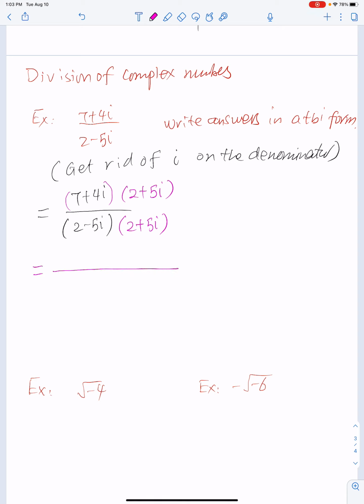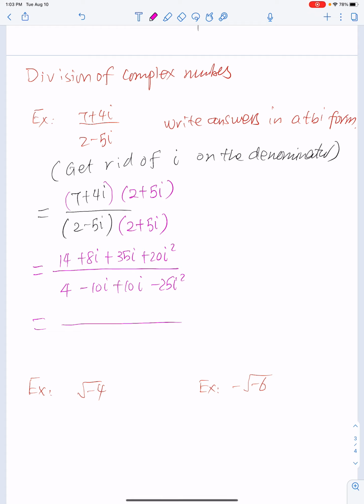So what will we get? Yeah, so you FOIL. What will you have? 14 plus 8i plus 35i plus 20i squared, over 4 minus 10i plus 10i minus 25i squared. Okay, i squared is what? Negative 1.